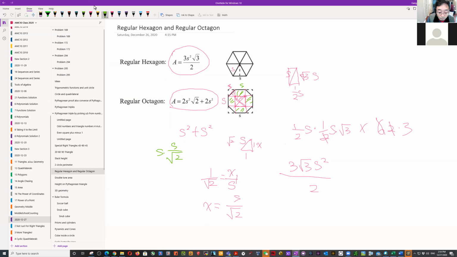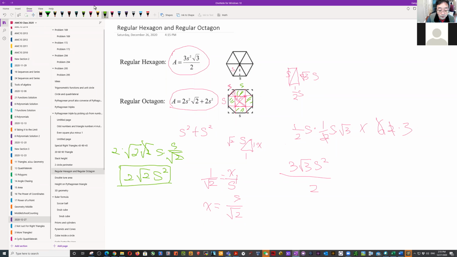We need to multiply by 4 of those. So for 4, I write 2 multiplied by 2, and multiply by square root of 2 times square root of 2 again, so I'm able to cancel those. So 2 square root of 2 S squared is the total area of those 4.